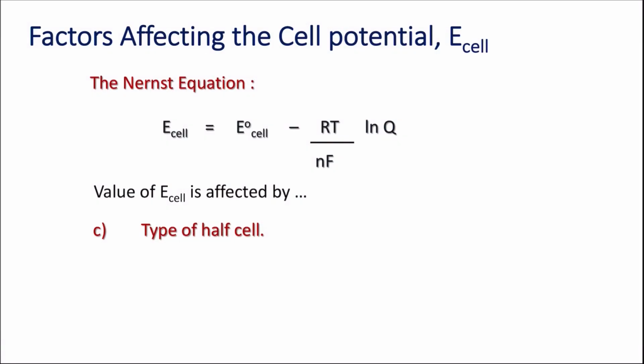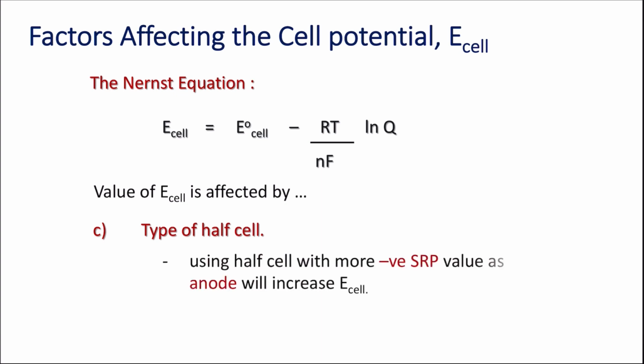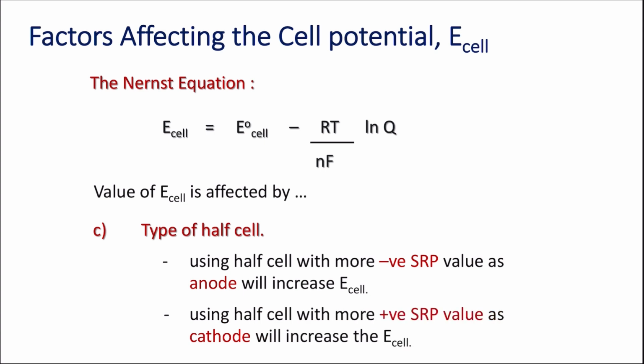And then the last factor adalah type of half cell. So kalau kita guna half cell with more negative SRP value, dia akan jadi anode. So dia akan tinggikan E cell value. Kalau kita gunakan half cell with more positive SRP value, dia adalah cathode. So dia tetap akan increase the E cell value.